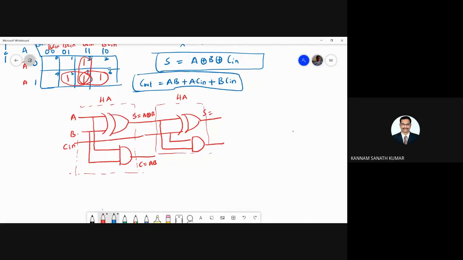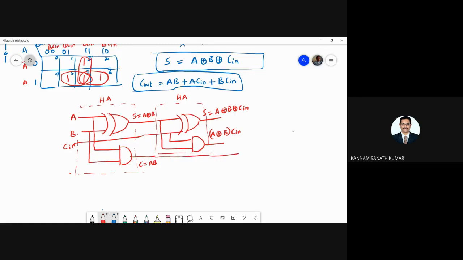So what is S? S equal to A XOR B XOR Cin. And what is this expression? A XOR B into Cin. Okay. So here AB is there, no?